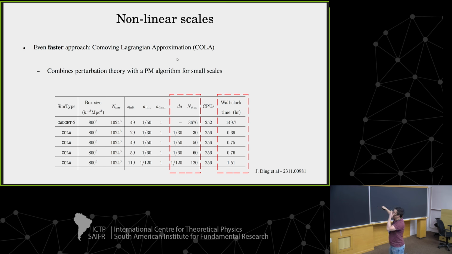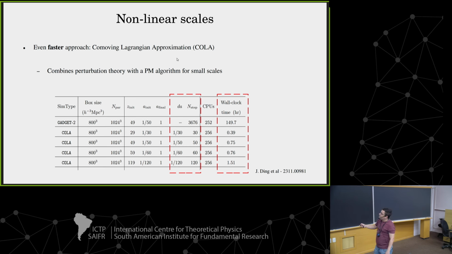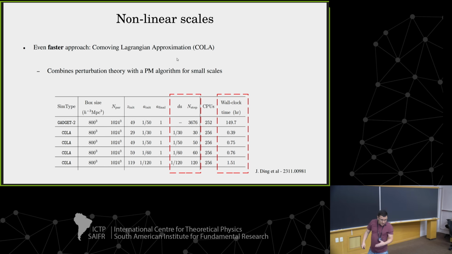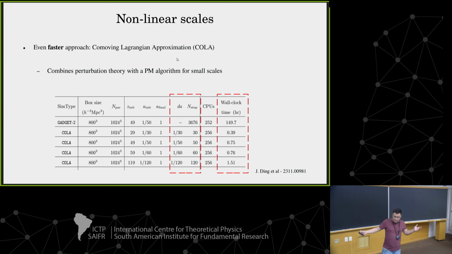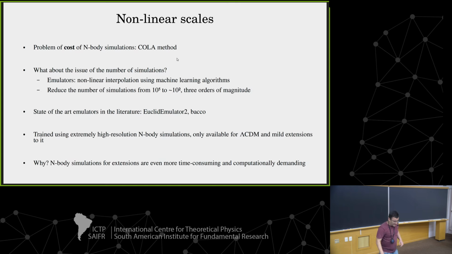We can see that COLA gets two orders of magnitude down compared to this Gadget-2 simulation. This is roughly the same simulation setting that one needs to use to go to k equals 3 in the matter power spectrum. In the end, I'm going to say that we don't know if going beyond k equals 3 is relevant to get cosmological information, but save it for later.